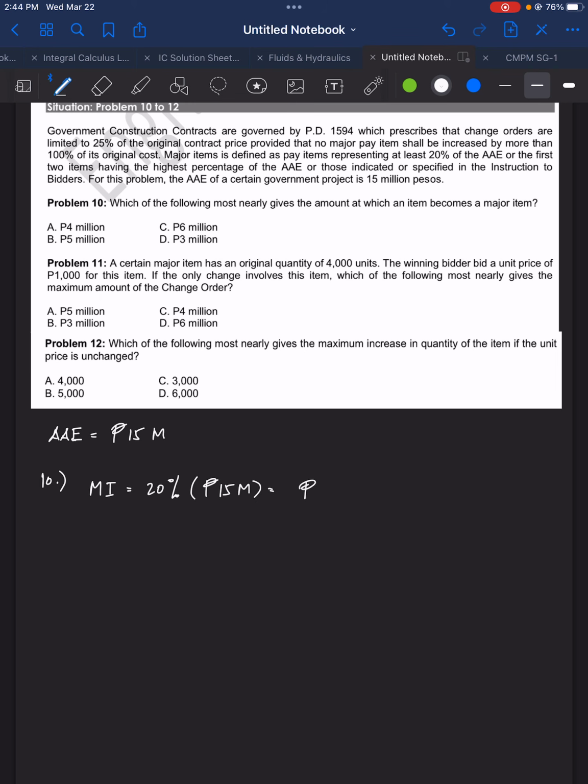It's equal to 3 million pesos. So the answer here for number 10 is letter D, 3 million. So it's easy to put into your project or into your estimate the major pay item, as long as you are knowledgeable of the agency's approved estimate.